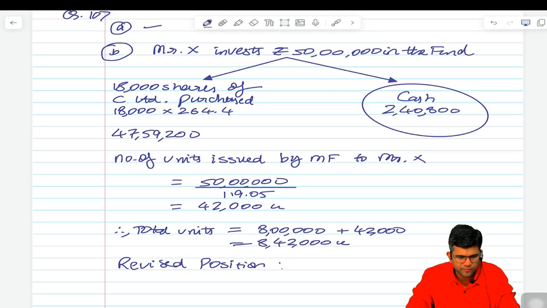Urmila, this is the answer for which point? Same point number B. I'm again repeating, it has to be 119.05. It cannot be anything else.